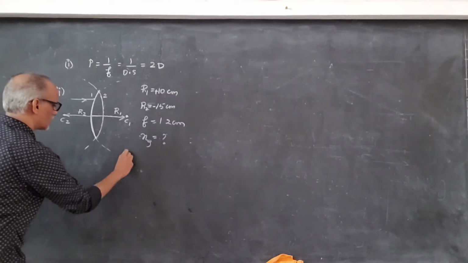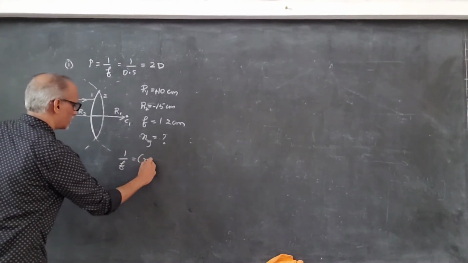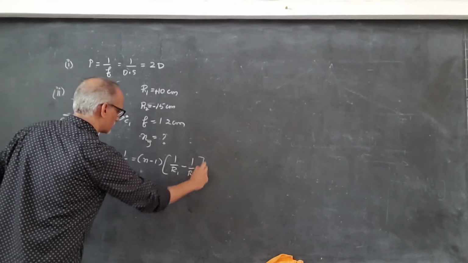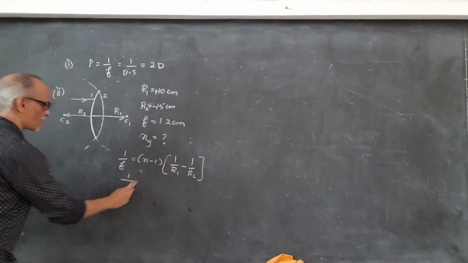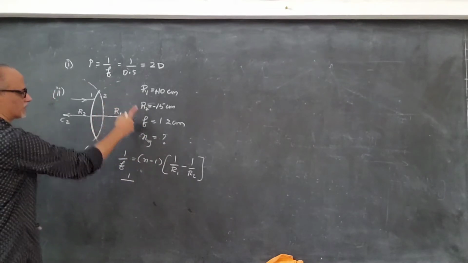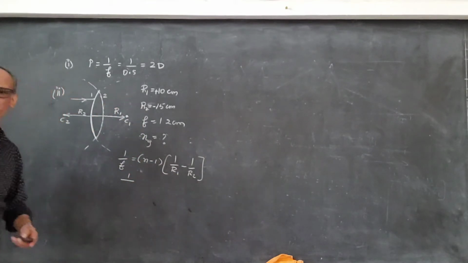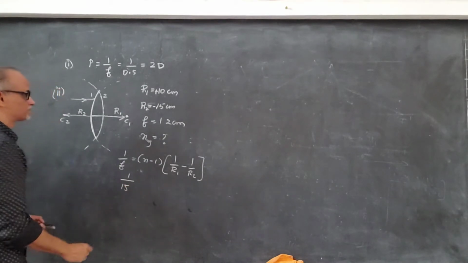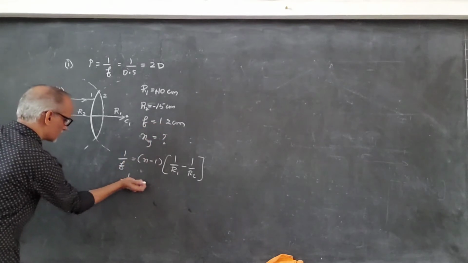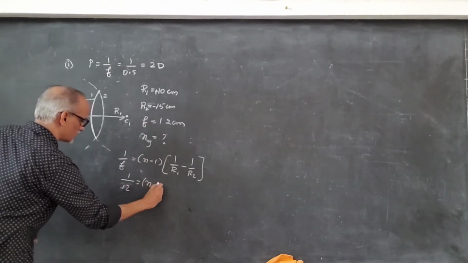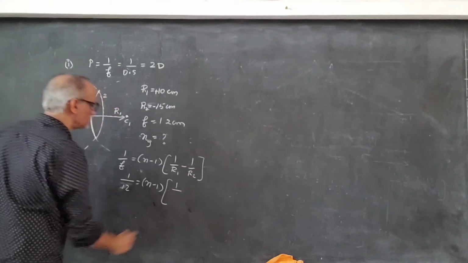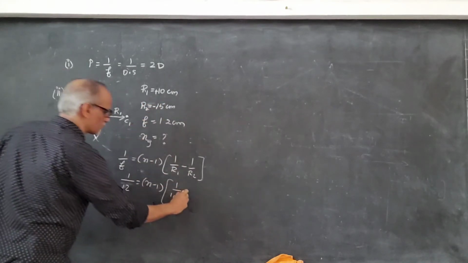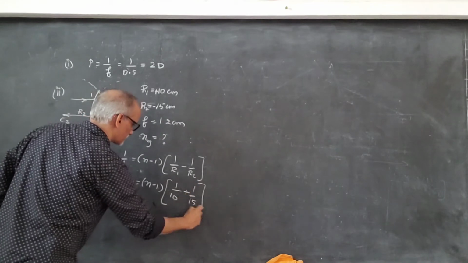That is 1 by f is equal to n minus 1 into 1 by R1 minus 1 by R2. The focal length is in centimeter, and the radius of curvature is also in centimeter, so there won't be any problem regarding the value of n. So f is 12 here. 1 by 12 is equal to n minus 1 into 1 by 10 minus of this minus, so plus 1 by 15.